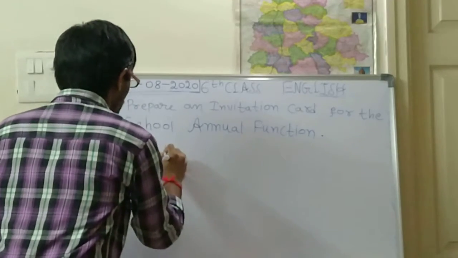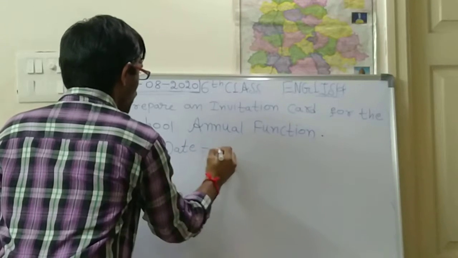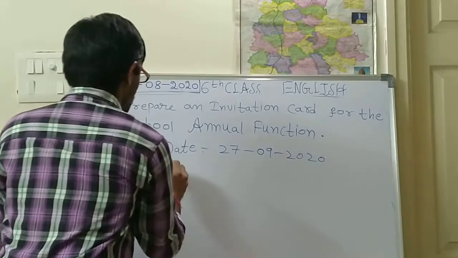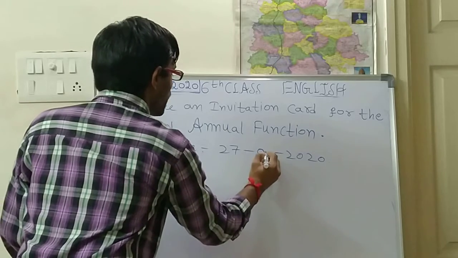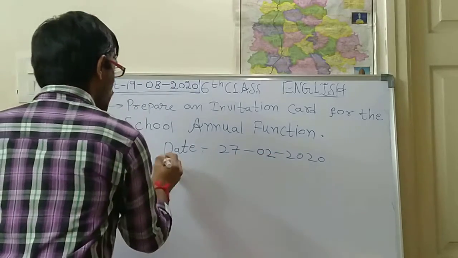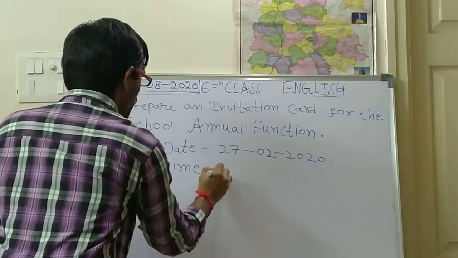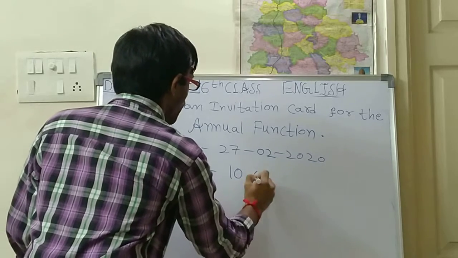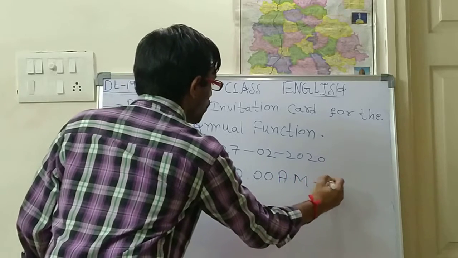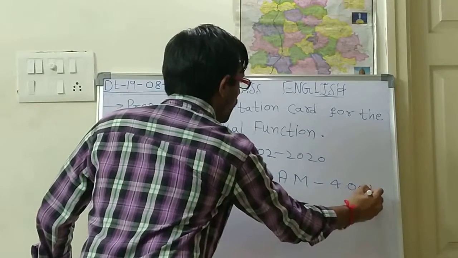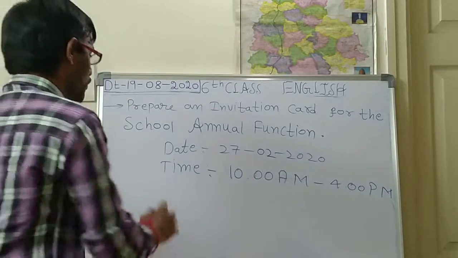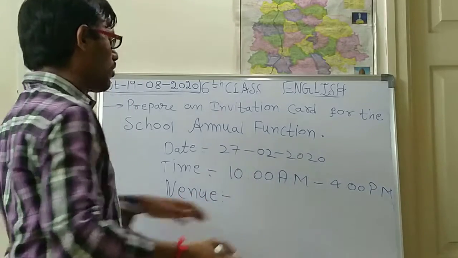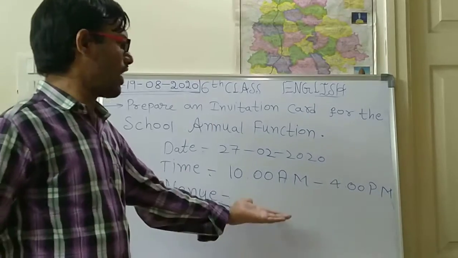Here for the date, suppose 27/9/2020. Next, time: 10 a.m. to 4 p.m. The venue is your school assembly or any other place.